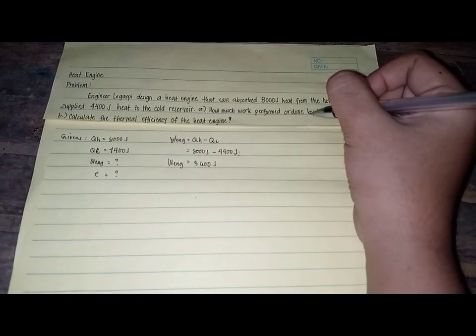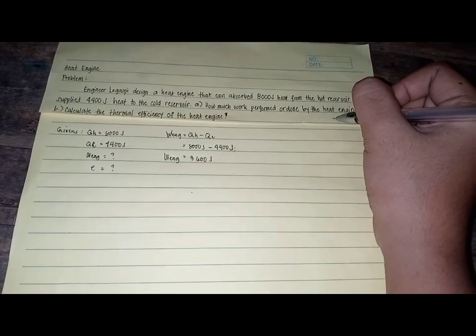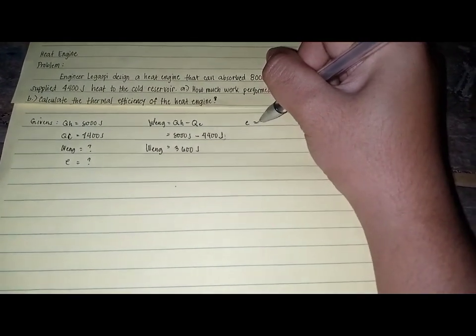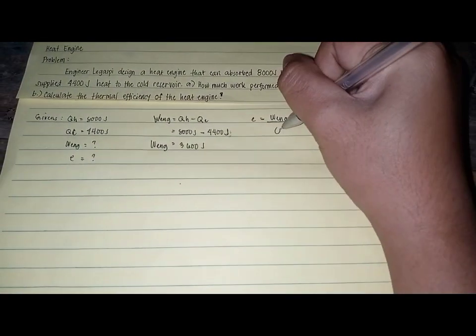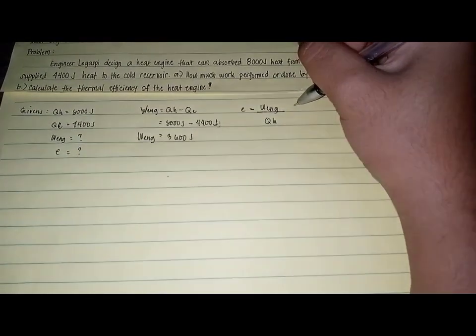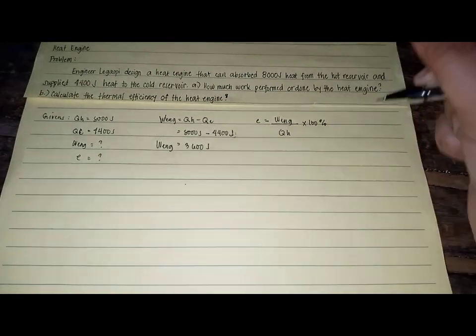So now we're going to calculate the thermal efficiency of the heat engine by using this equation. Thermal efficiency equals the work done by the engine divided by the QH, or the heat coming from the hot reservoir, times 100%.